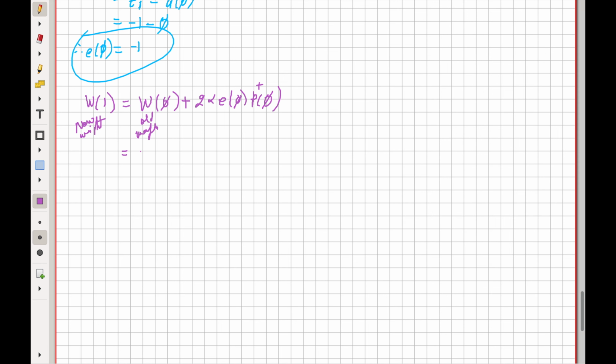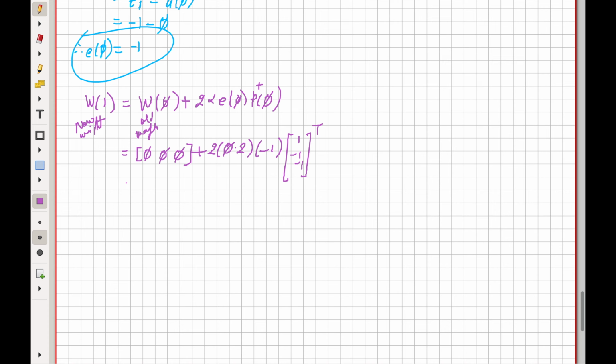Here the old weights that we know are 0 0 0, plus 2 times alpha, which we selected as 0.2, could be any other number, times the error we calculated, -1, and we have the input P, 1 -1 -1 transpose.